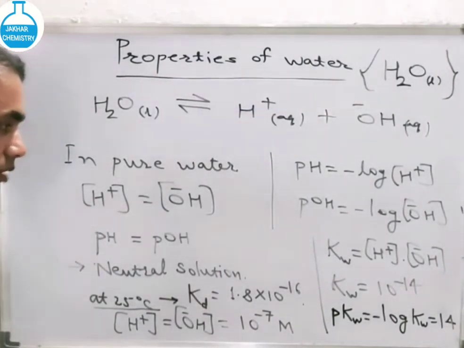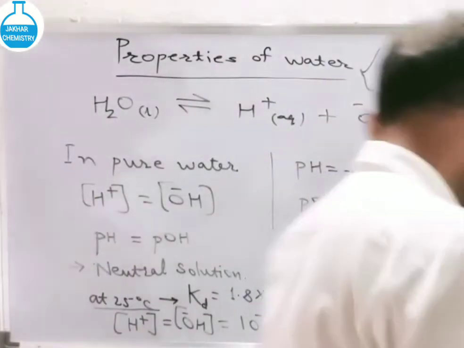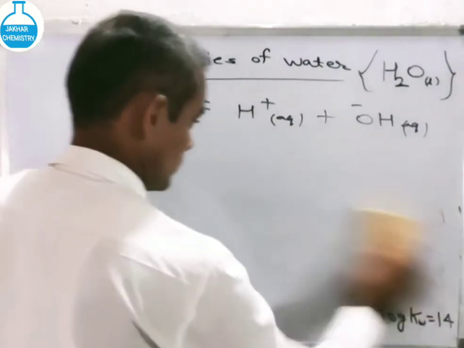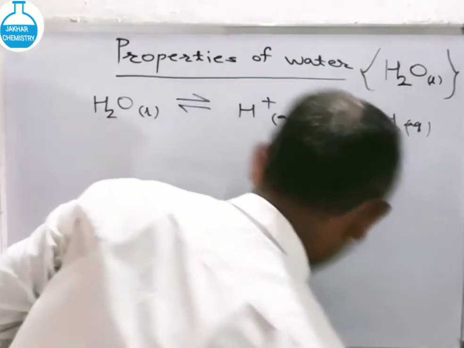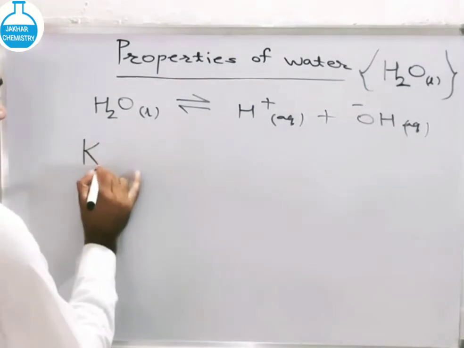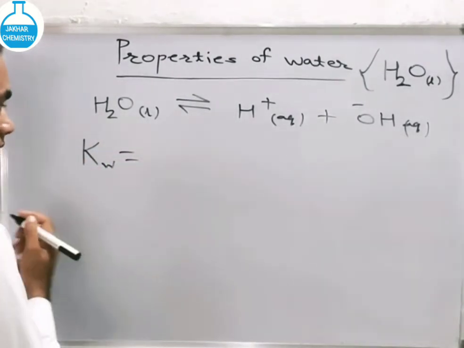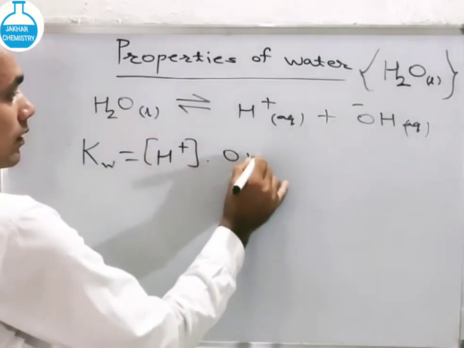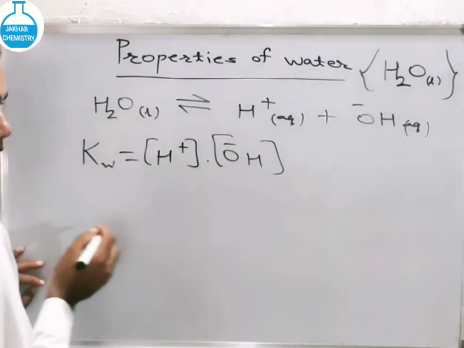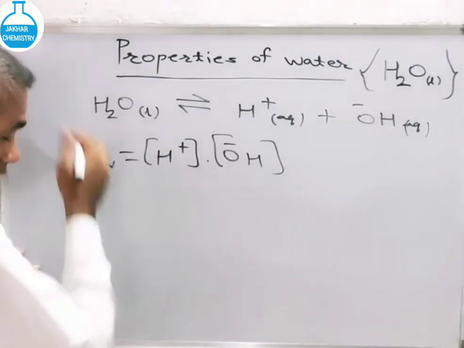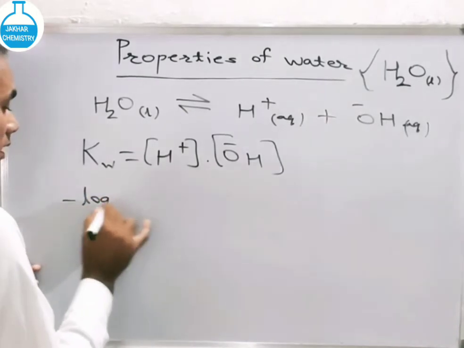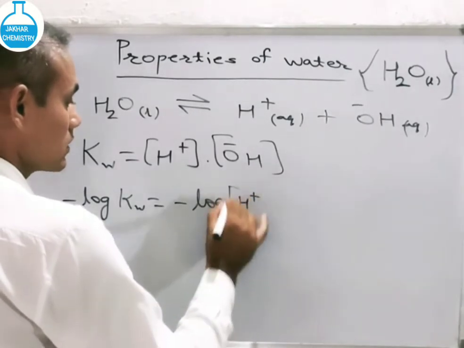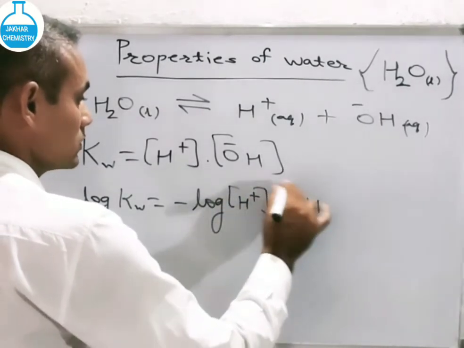Okay, so now for water we have a relation. Ionic product of water is represented by Kw, given by this formula. If we take minus log of Kw and of H plus times OH minus, meaning we are taking minus log on both sides, then what will happen? Minus log of Kw equals minus log of active mass of H plus into active mass of hydroxide ion.